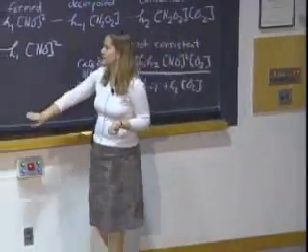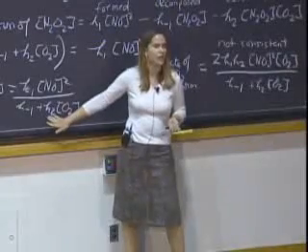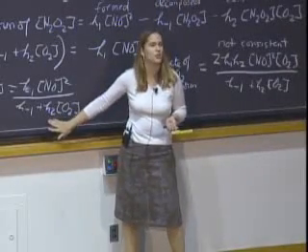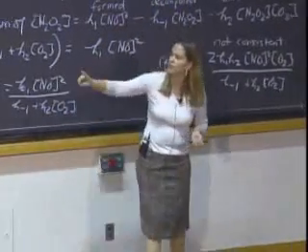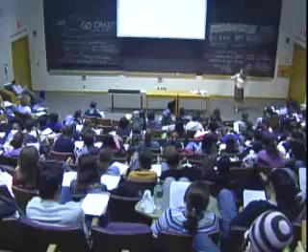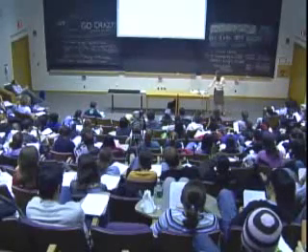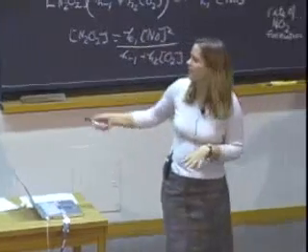So now let's take a step back and think about what this expression would be if the first step was fast and the second step was slow. So here again, I've just put up on the screen what we had on the board. We have this first step is fast and reversible, and the second step is slow.